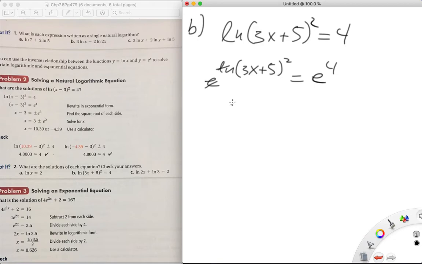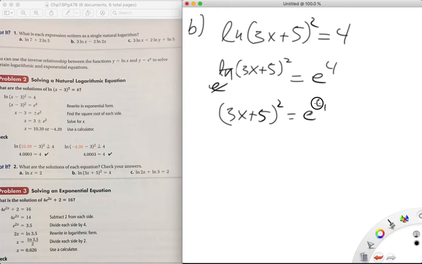Again, that cancels on that side, so I have (3x plus 5) squared equals e to the 4th.